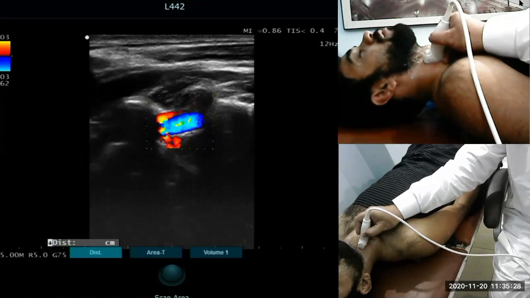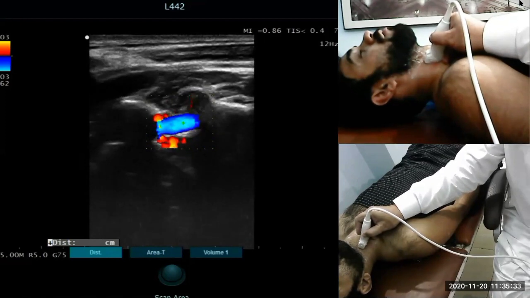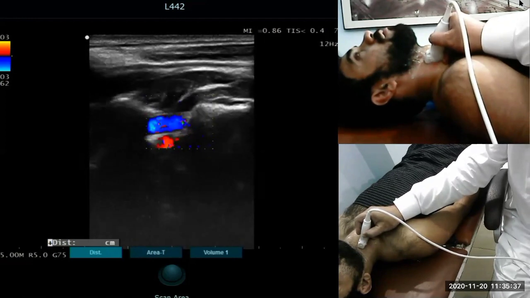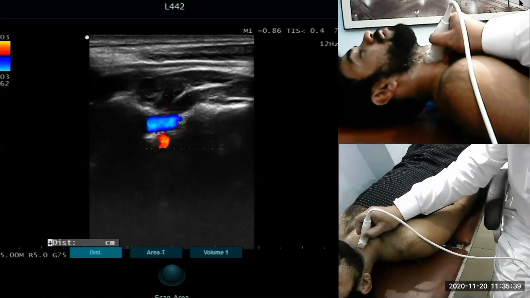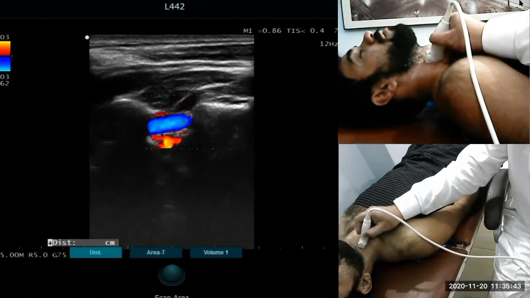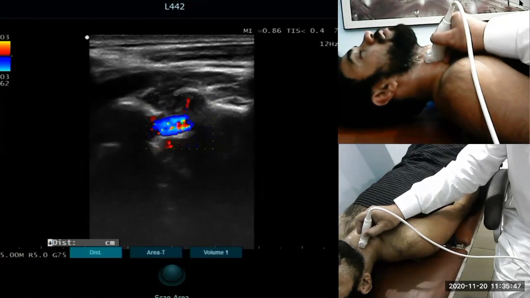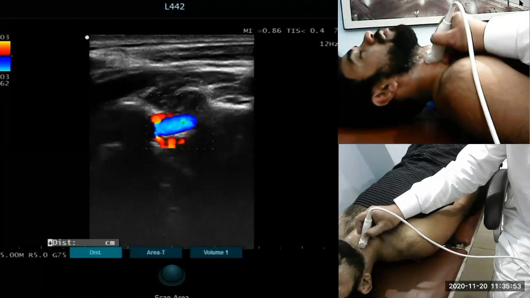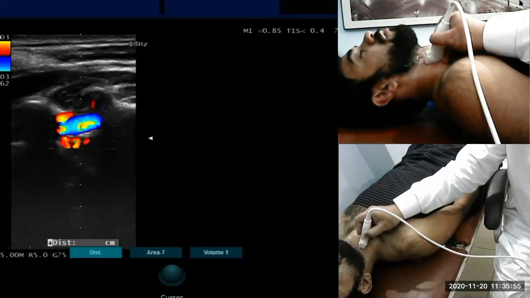I can change the color if I feel like. And now I'm going to apply the Doppler, the pulse wave. There we are.